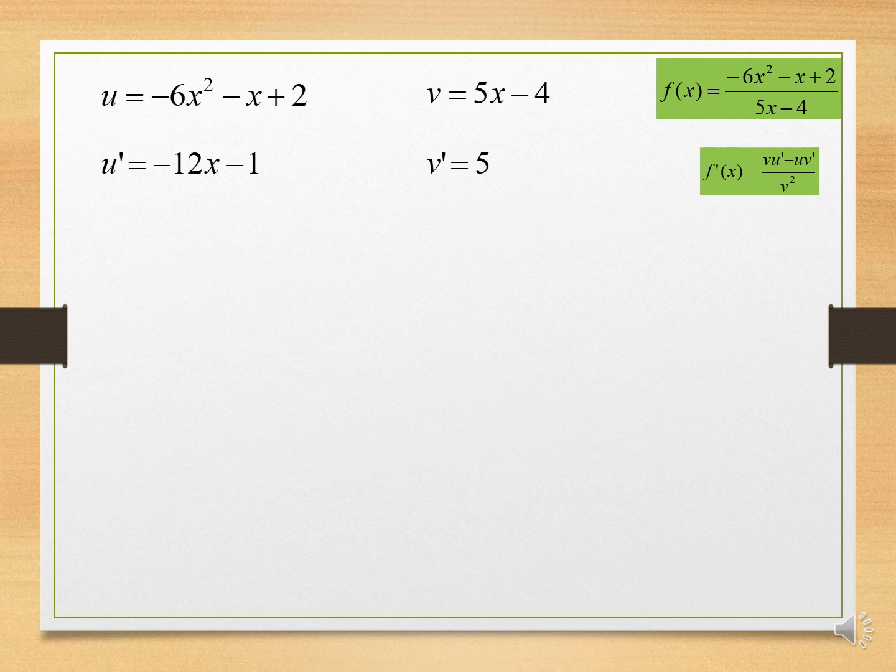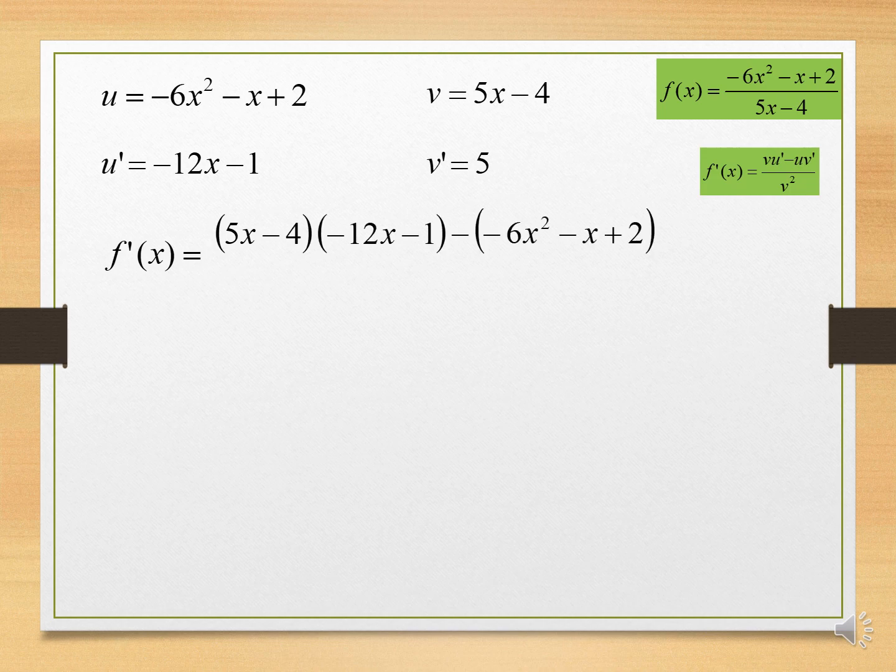Then we can substitute into the quotient rule formula. We have v, which is 5x minus 4, times u prime, negative 12x minus 1, minus u, negative 6x squared minus x plus 2, times v prime, which is 5, divided by v squared, which is 5x minus 4 squared.